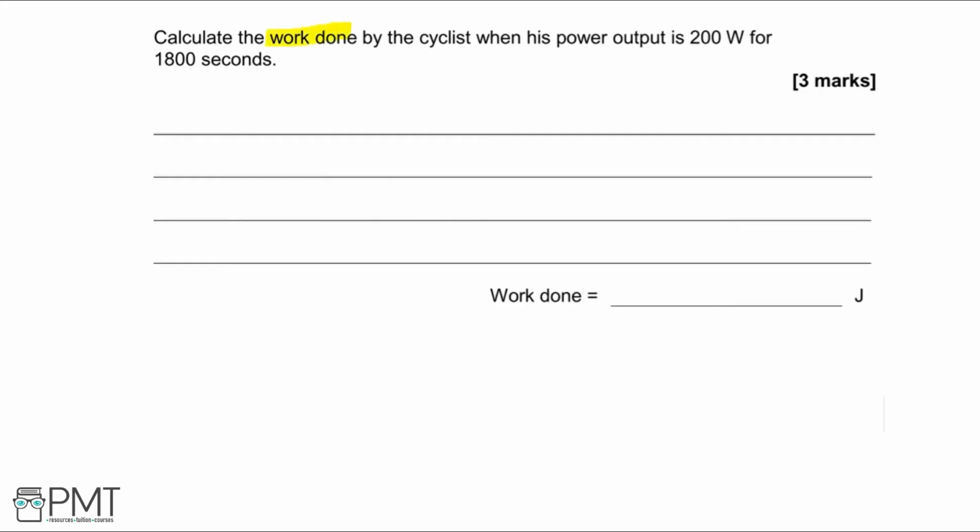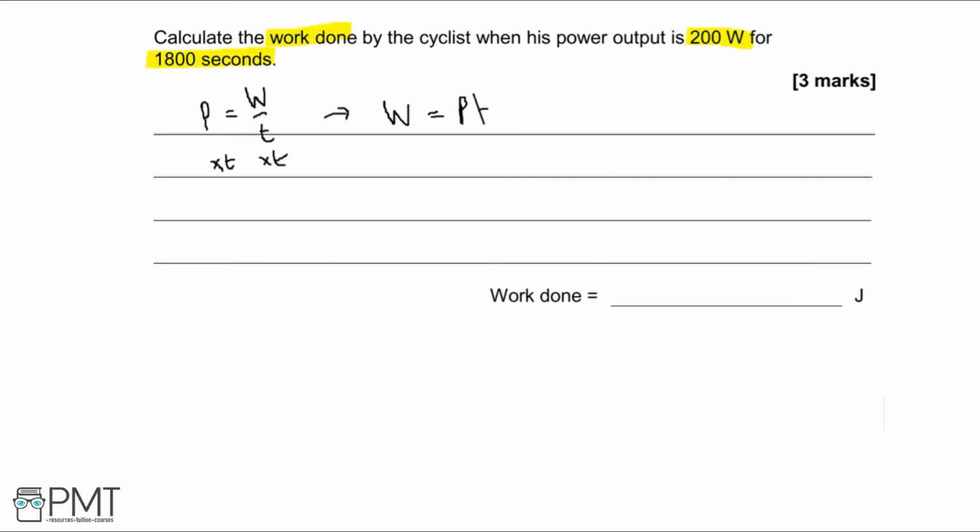Calculate the work done by the cyclist when his power output is 200 watts for 1,800 seconds. Above we've already worked out the power formula, which is P equals W over T. What we need to do is rearrange this so that W is the subject, because they want us to calculate work done. Therefore, we times both sides by T, and we get W equals PT.